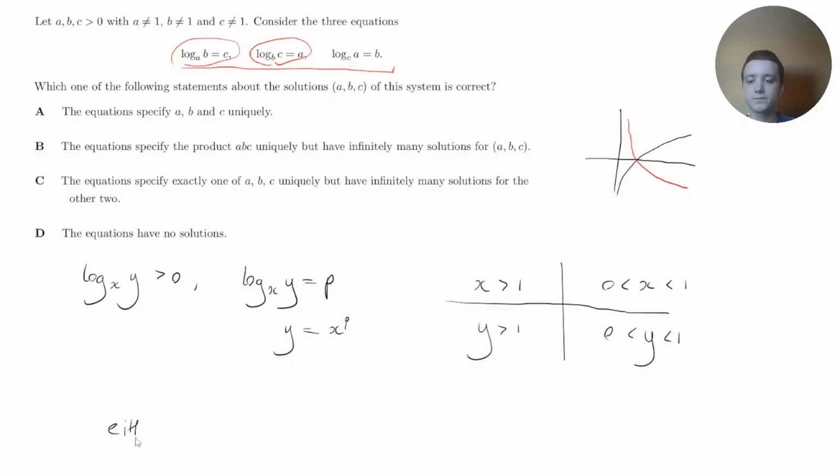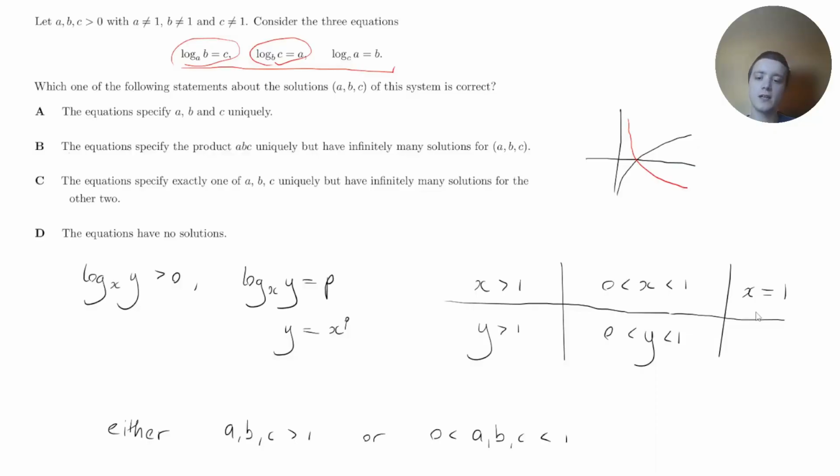So we have either a, b, and c are bigger than 1, or a, b, and c are all between 0 and 1. You'll notice that we skip this case here, where maybe x is equal to 1.